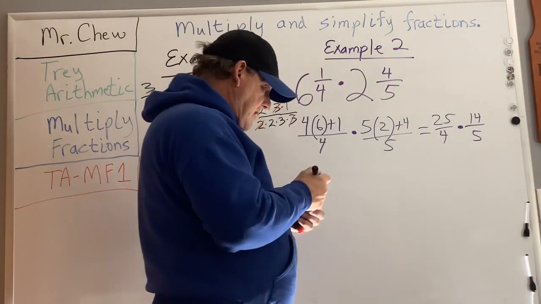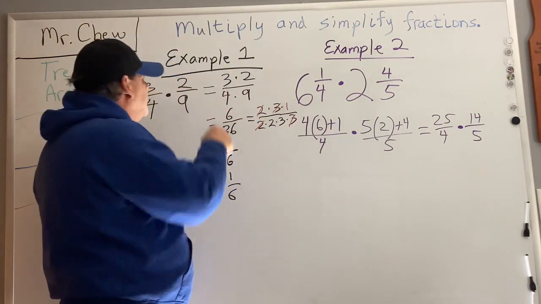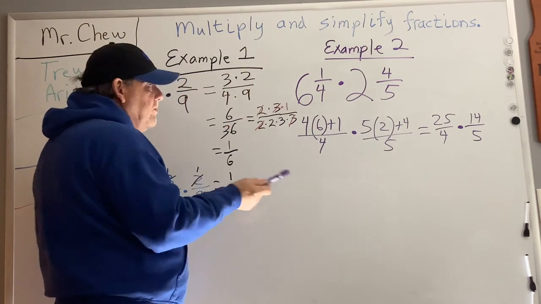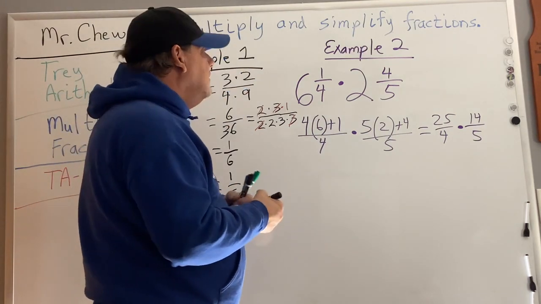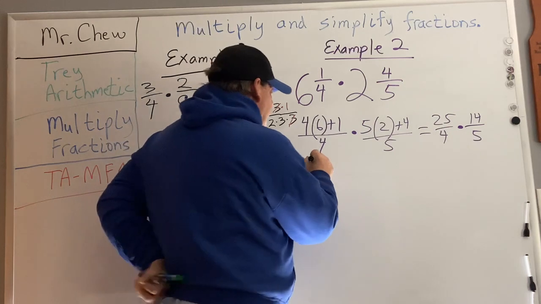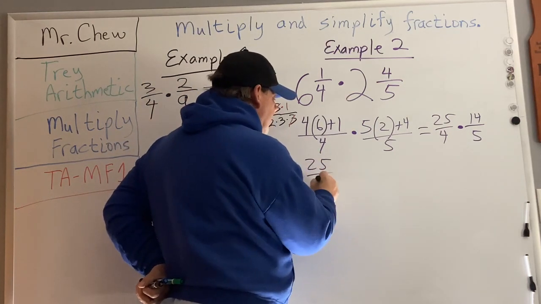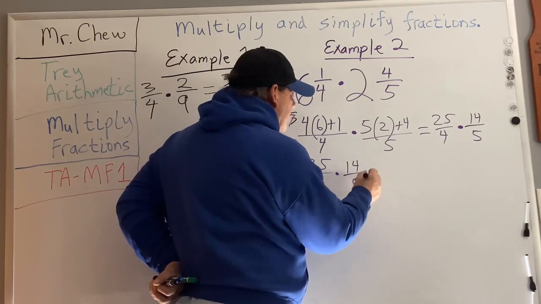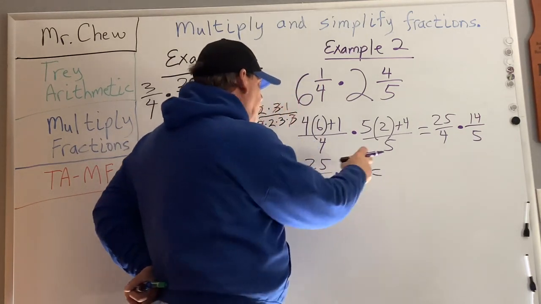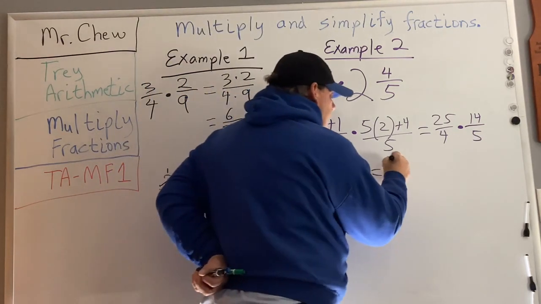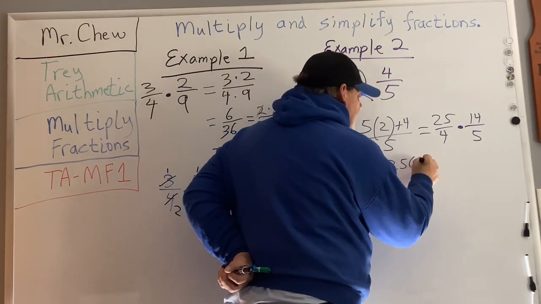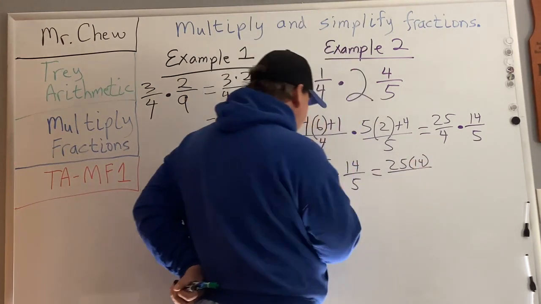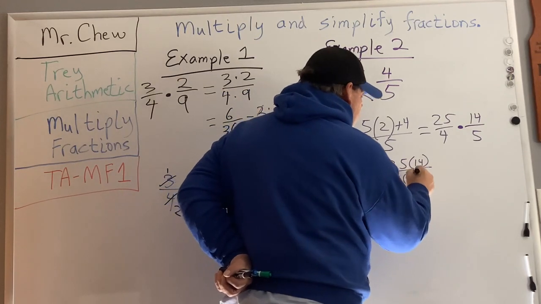Now that I have this number, we can multiply across, and then we can do the shortcut as well. So let's just rewrite it. 25/4 times 14/5.